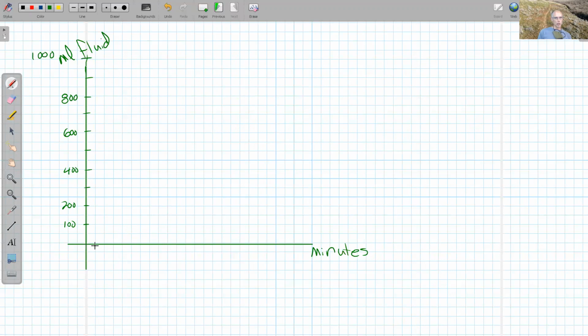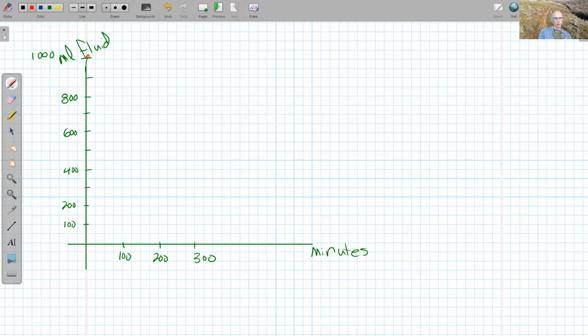This way, maybe I'll go every 4. So 1, 2, 3, 4 could be 100 minutes later, and then 1, 2, 3, 4 would be 200 minutes later, and then 1, 2, 3, 4 would be 300 minutes later.